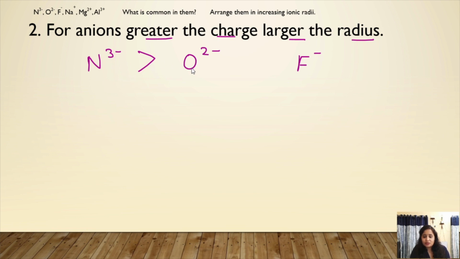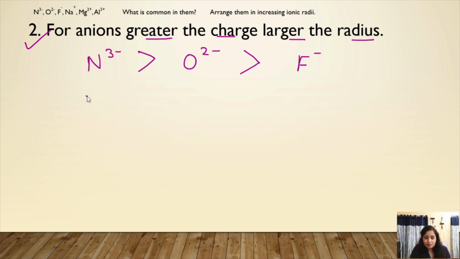If we compare these two, this has 2 charge, greater charge in comparison to the F, which has 1 charge. So greater charge, larger size, we can say, according to the given rule. Let's explain this again. Again we can draw the octet structure, or just simply see what is going on here.